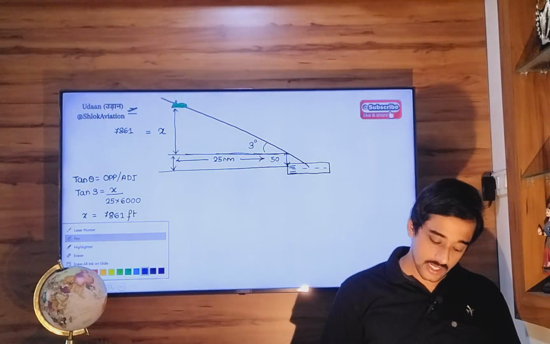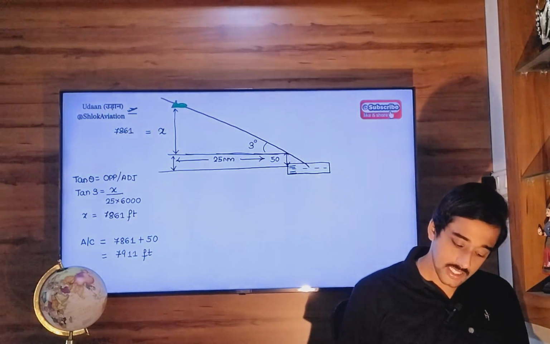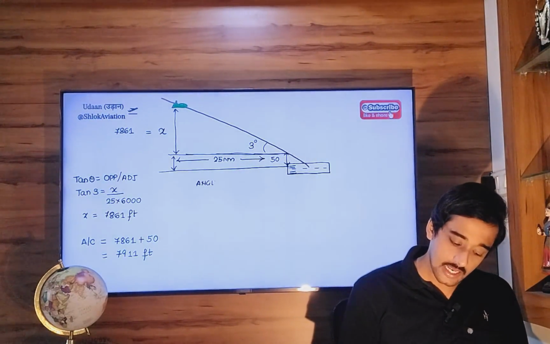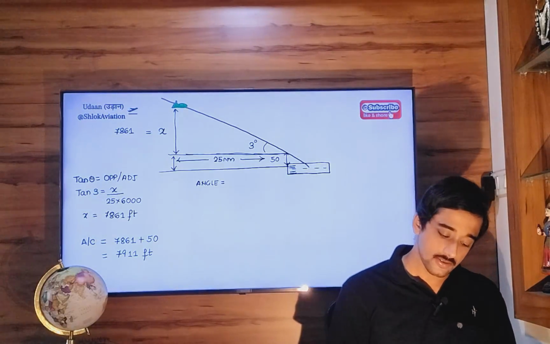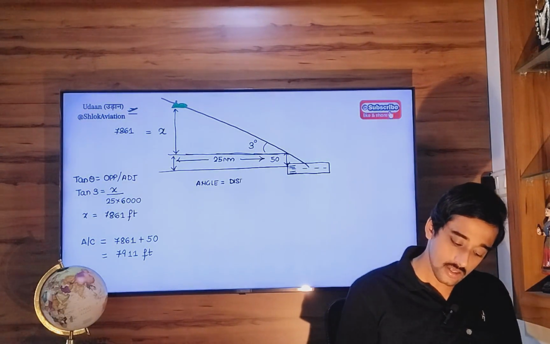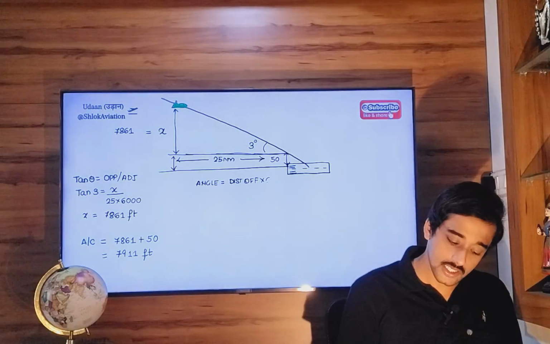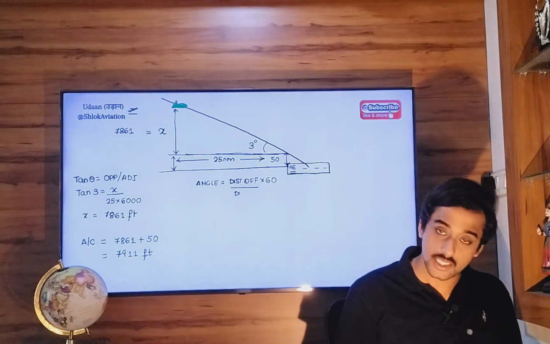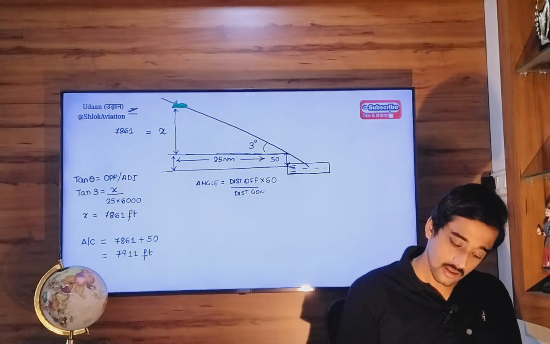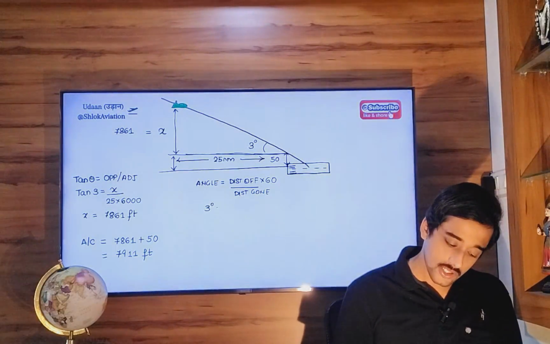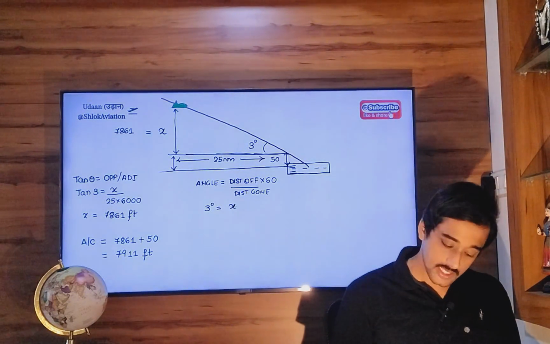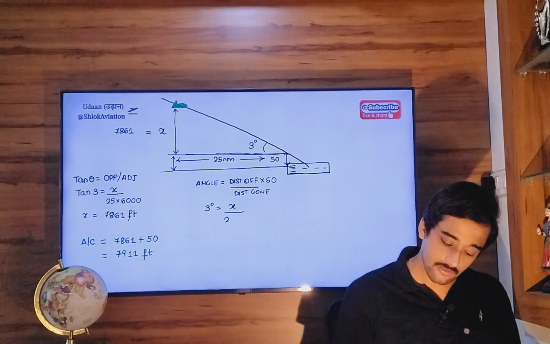Now let's use the 1 in 60 rule formula, which states that angle equals distance off track into 60 divided by distance gone. So 3 degrees equals distance off track, unknown to us, x, over distance gone, 25 nautical miles, into 60.